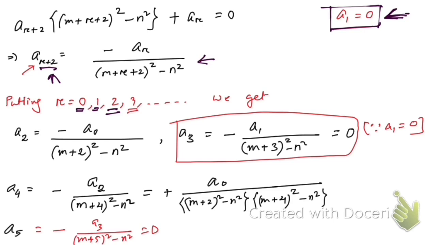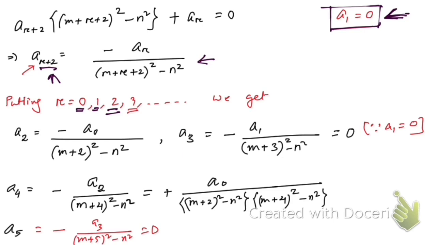That means we can say a1 equals a3 equals a5 equals a7, only the odd terms, and so on, all these terms are going to be 0. Wherever you see a1, a3, a5, that's going to be equal to 0.